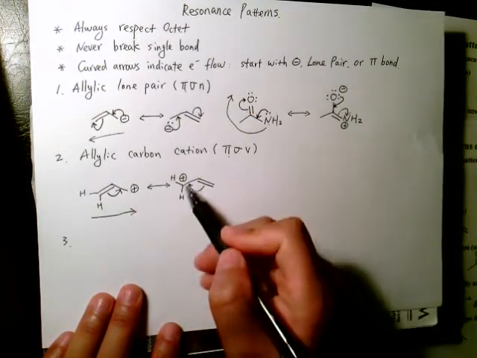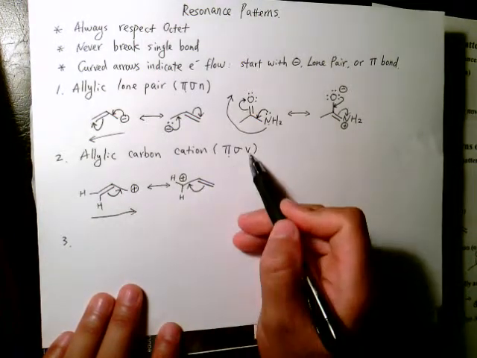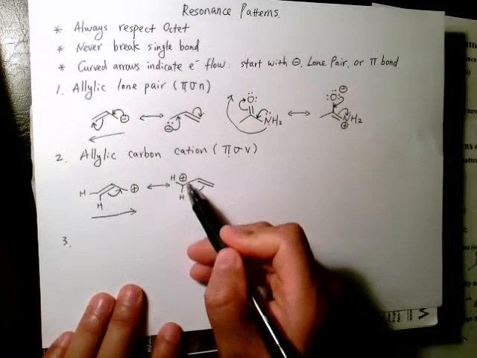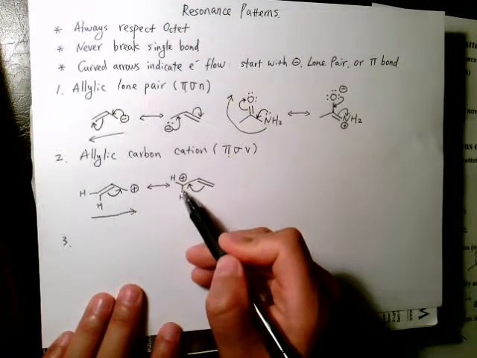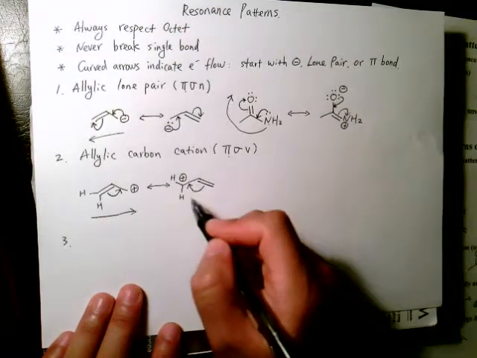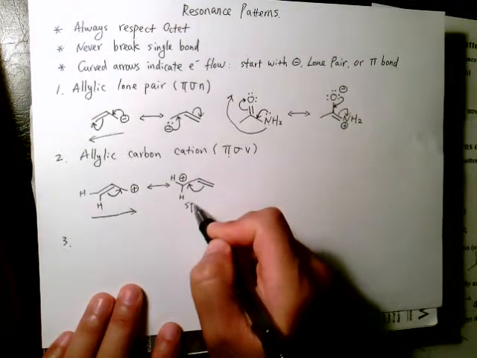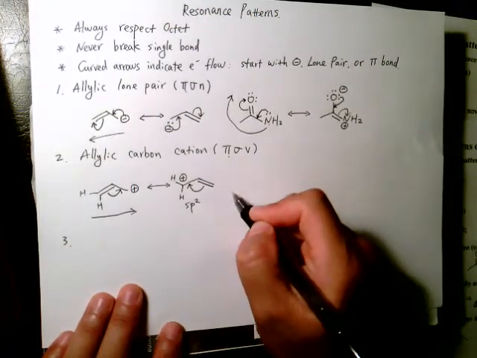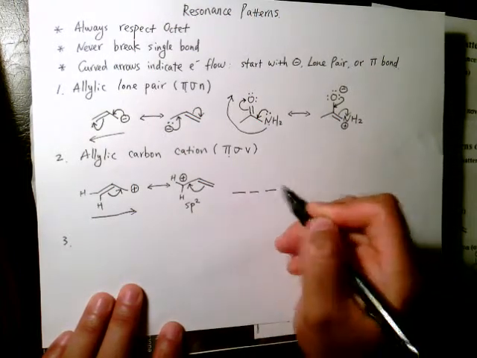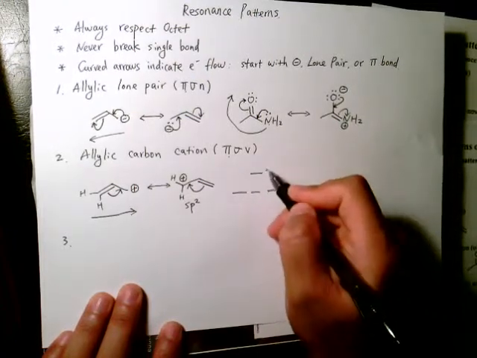Once again, when we talk about vacancy, this carbon with a positive 1 charge has an octet violation. It has only 3 bonds. This carbon will be what we call sp2 hybridized. If you draw it, these are the sp2 orbitals, and that is our 2p orbital.